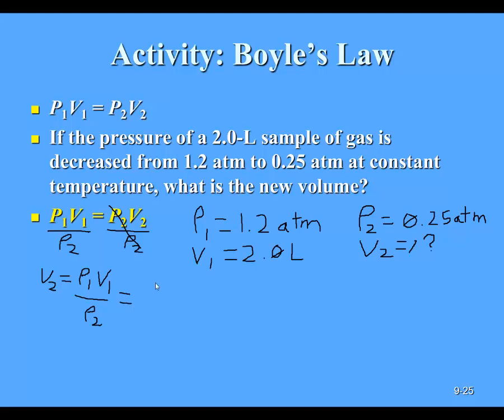Okay, so my pressure 1 would be 1.2 atmospheres. My volume 1 was my 2.0 liters. And my pressure 2 that I'm dividing by was 0.25 atmospheres.